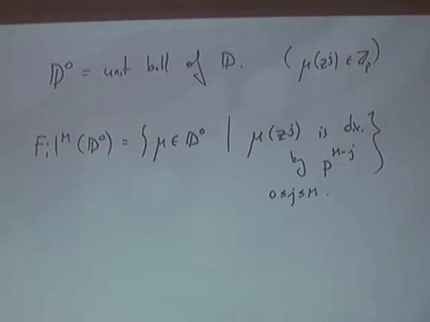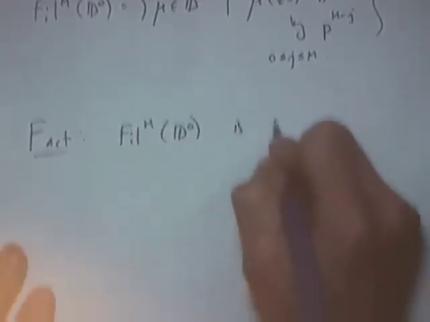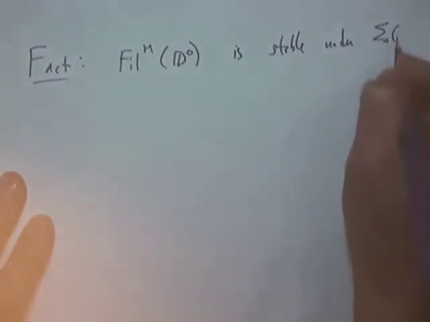Here the first moment was 0, so it was divisible by p to the 4th, and then p cubed, and then p squared, and then p. So this would be an element of Fil 4. And so the basic fact that this example was supposed to illustrate, in lieu of giving a proof, is that Fil m of d0 is stable under sigma naught of p.